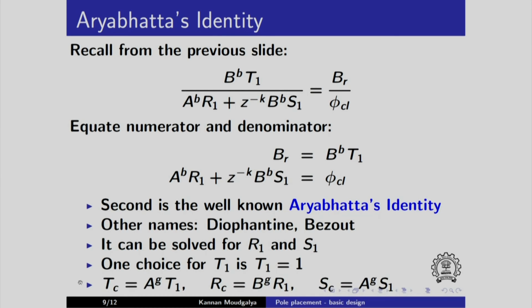With this we have designed the controller, because the controller is given in terms of TC, RC and SC. R1 and S1 have been obtained from Arya-Bhatta's identity, and AG, BG are known from the plant model, because these are good factors of plant polynomials A and B.